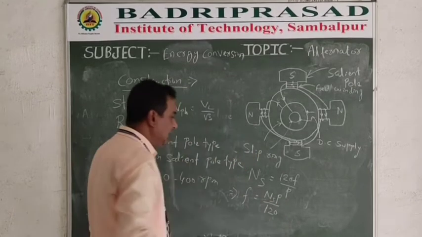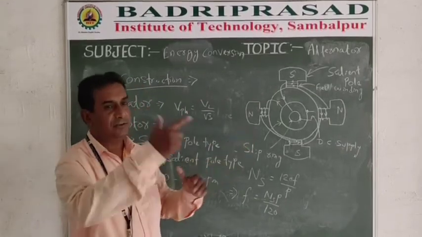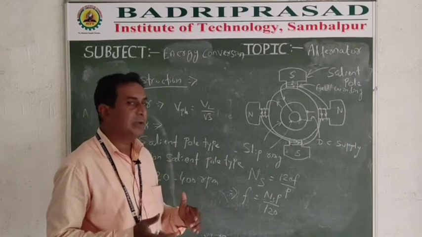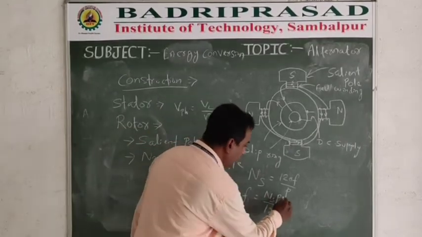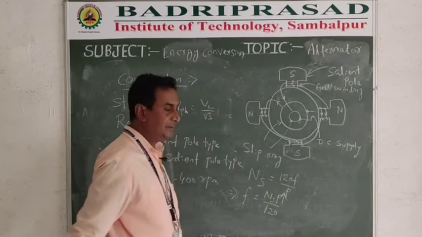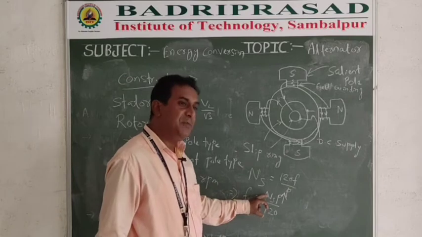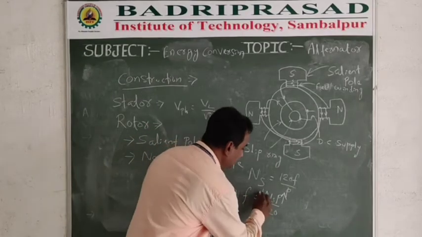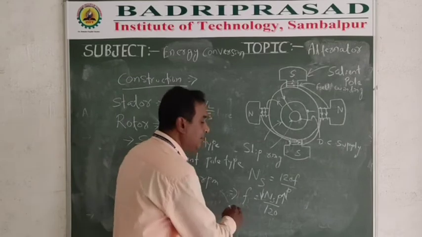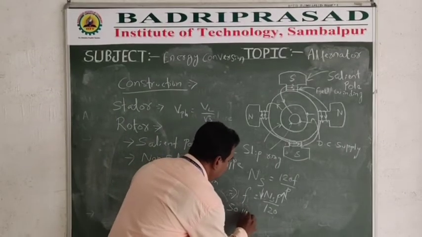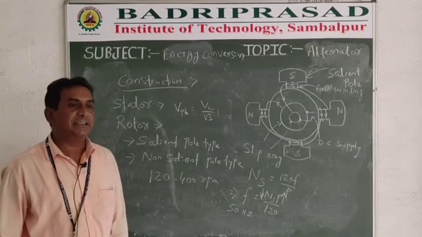Since the diameter of the circular frame is large, we have to accommodate a large number of poles. Since the number of poles is large, the speed must be less, so that the desired frequency of 50 Hz of induced voltage is possible.